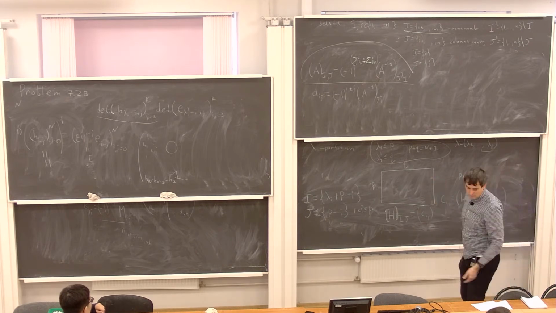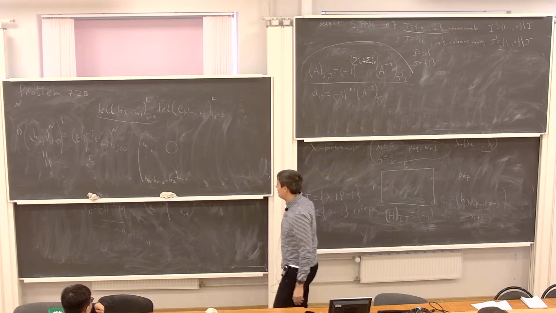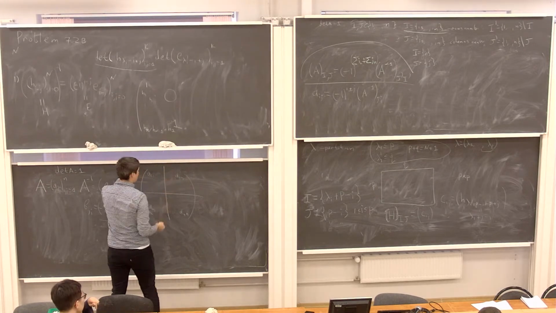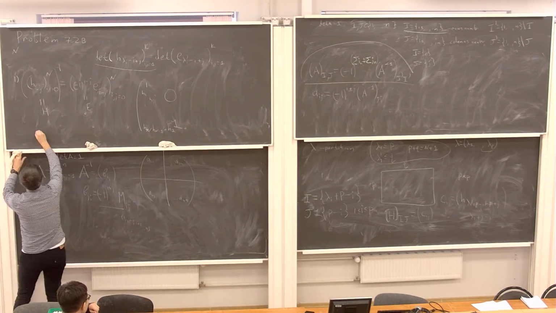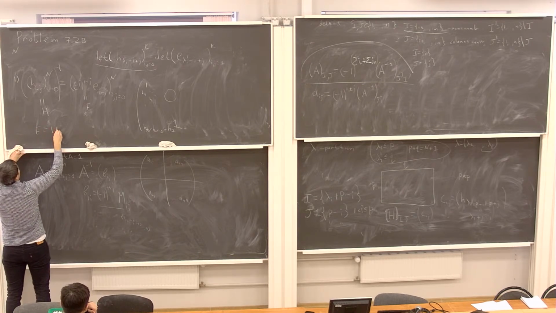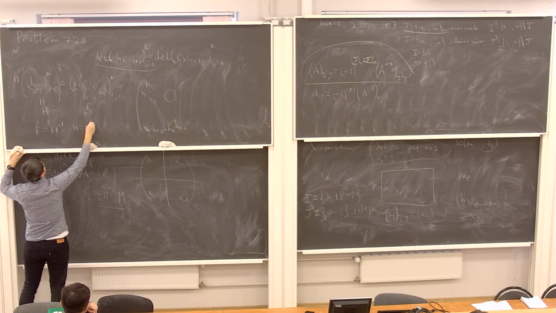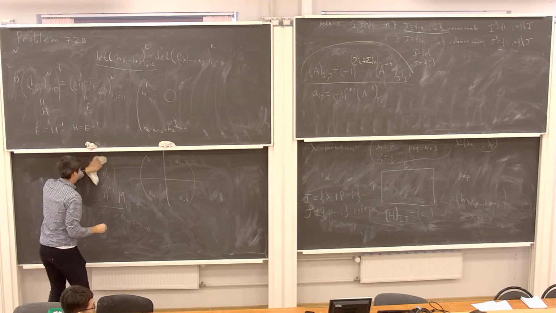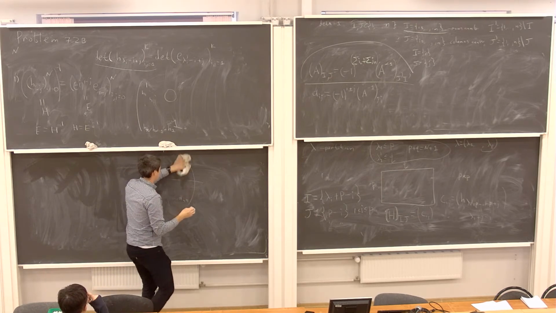Now let's use our knowledge about minors of a matrix and its inverse. What can you say now? We know that H E is equal to H minus 1, right? Or H is equal to E minus 1. Therefore, it's purely formal.